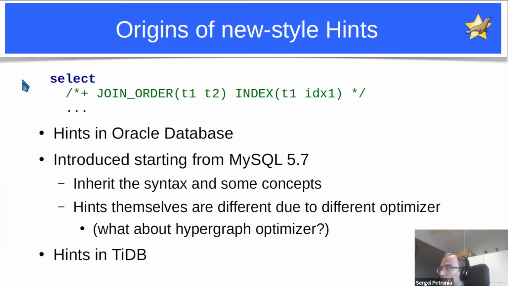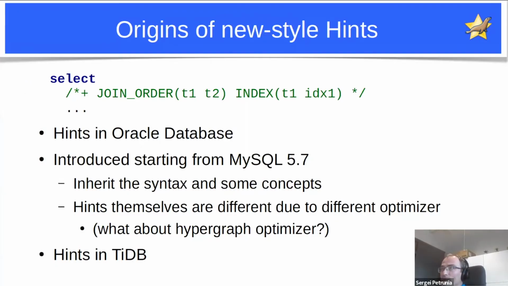So we can say that MySQL hints were inspired by Oracle's. One other database that got similar hints was TiDB. They are trying to be compatible with MySQL to some extent. They use compatible syntax. Their optimizer is, however, different. So again, they only inherit the idea. They don't try to be syntax compatible.